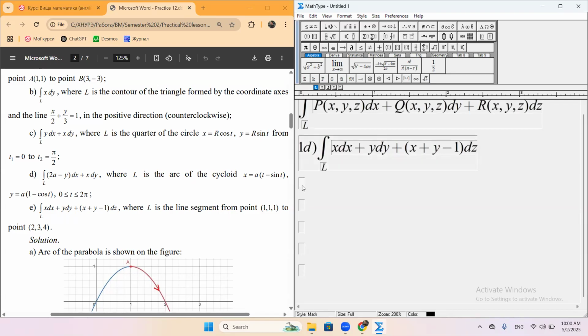So let's write down the equation of this straight line. So (x minus 1) over 1, yeah, writing down the equation of the line passing through 2 points, equals (y minus 1) over 2 equals (z minus 1) over 3. And now, it equals t, so we will write down the equation in a parametric form.